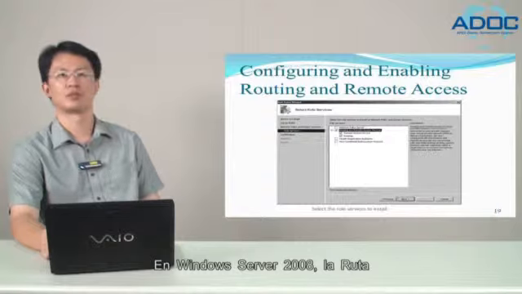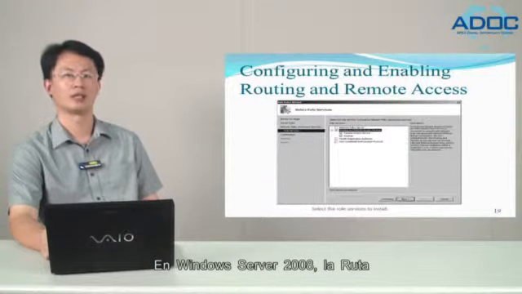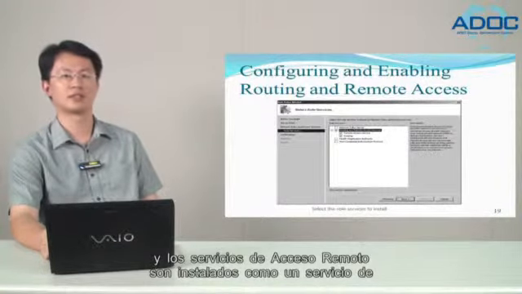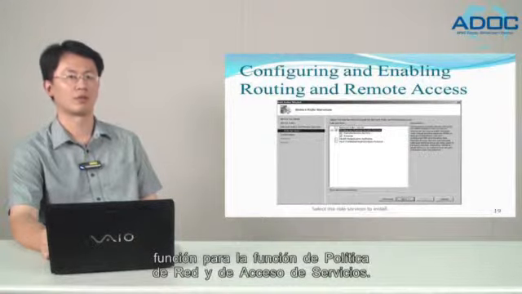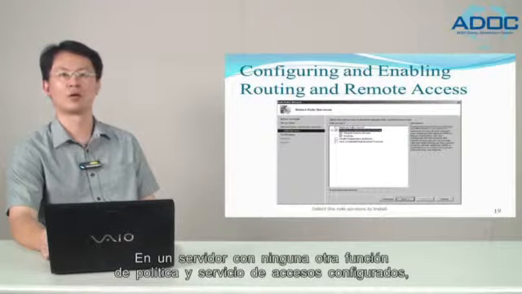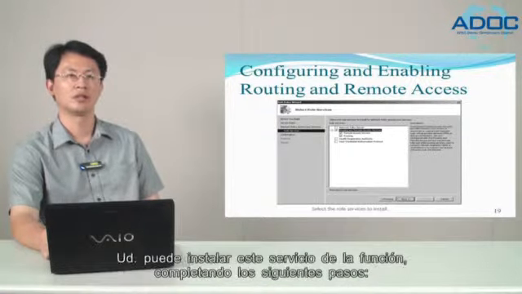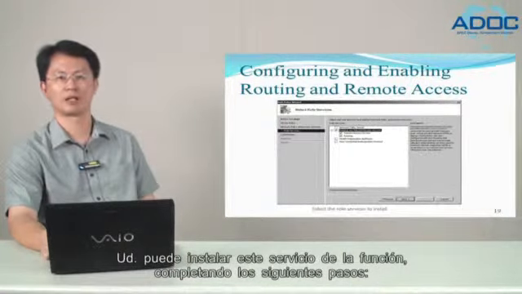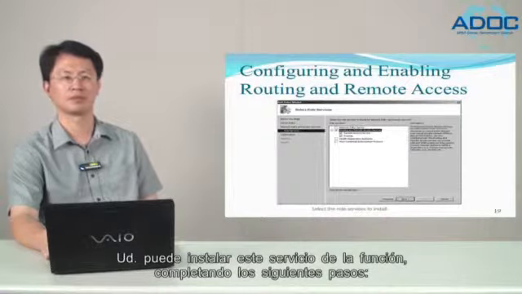In Windows Server 2008, Routing and Remote Access Services is installed as a role service for the Network Policy and Access Services role. On a server with no other Network Policy and Access role services configured, you can install this role service by completing the following steps.